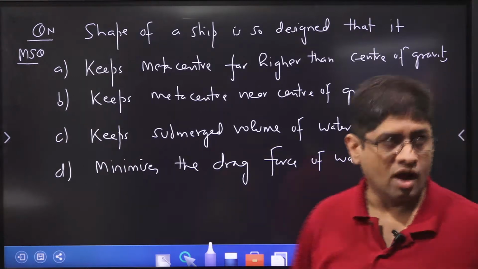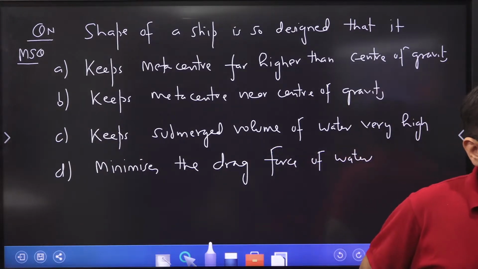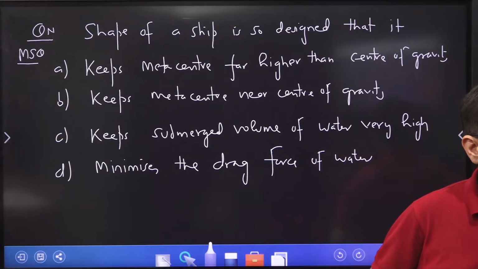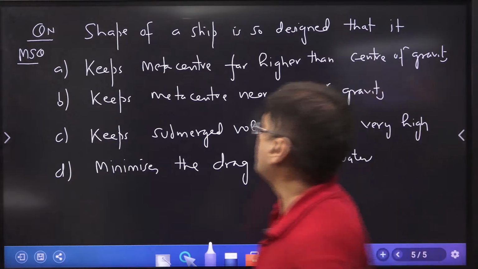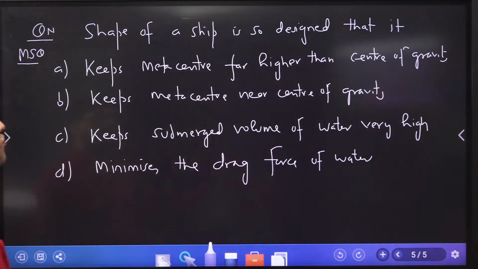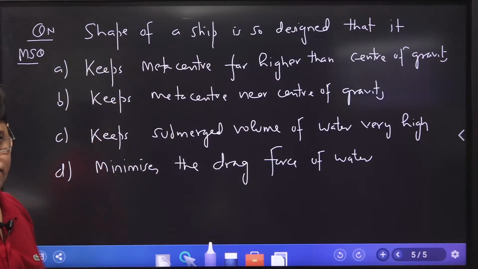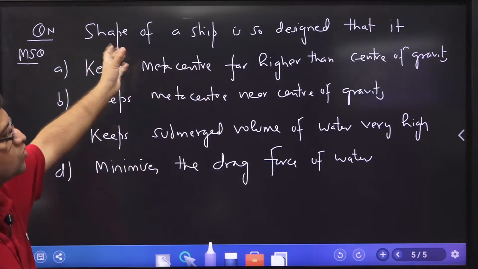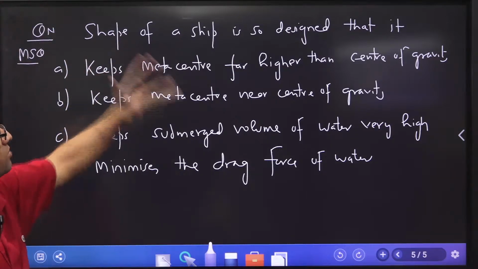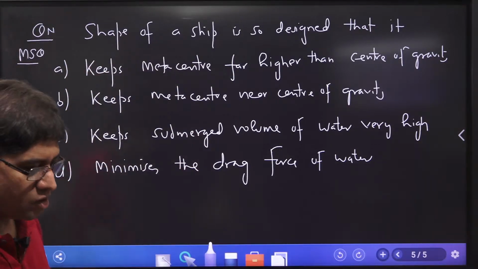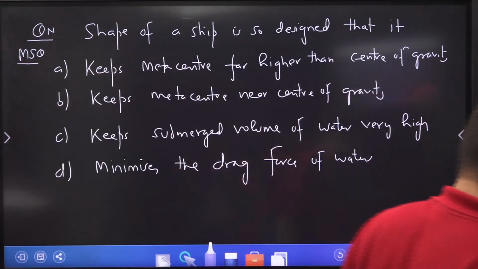Yes, I'm waiting for your answer. Metacenter far higher than center of gravity. Whenever you come across two statements which look contradictory, एक अलग statement दूसरा अलग statement contradictory है, only one can be correct, not both.